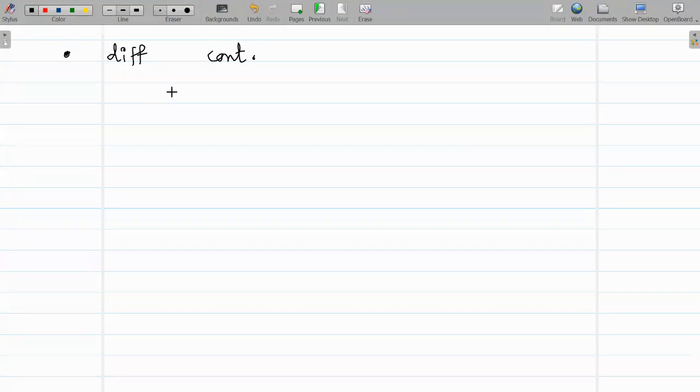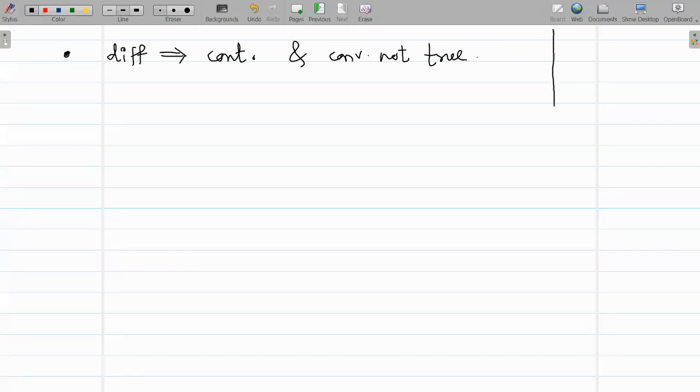Every differentiable function is continuous. Correct. So differentiability always gives me continuity, and the converse is not true. You know a typical example. Continuity is there, but differentiability is not there. Then there must be some corner point basically.